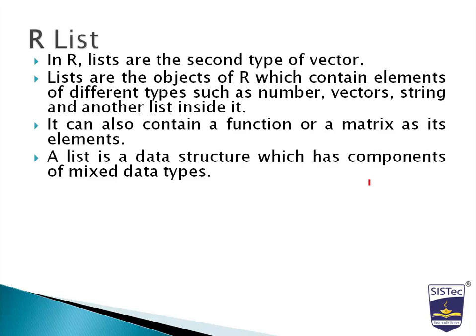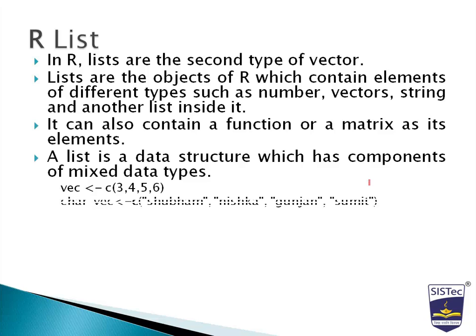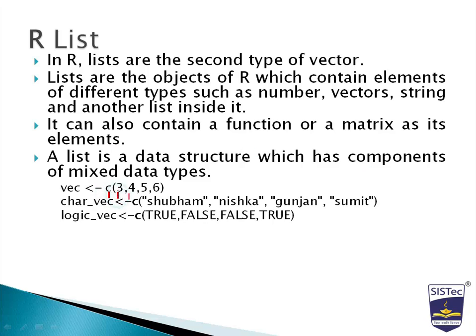That is important. A list can also contain functions or a matrix as its elements. So a list is a data structure which has components of mixed data types. Just take an example. Here we created a vector with integer values, normal numerical values. Then we create a character vector.